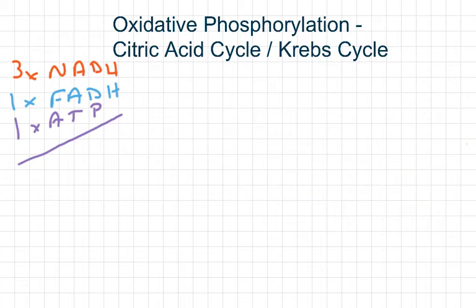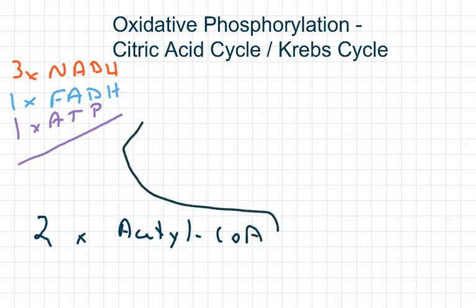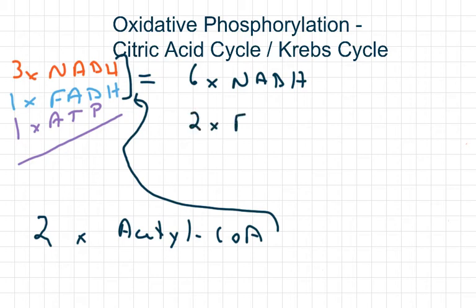Also, we need to keep in mind that we have 2 molecules of acetyl-CoA that go through the Krebs cycle. What that means is we need to multiply the FADH and NADH quantities by 2. This gives us a total of 6 NADH and 2 FADH created through the process. If we multiply NADH by our factor of 2.5, this will give us 15 ATP produced throughout the Krebs cycle.